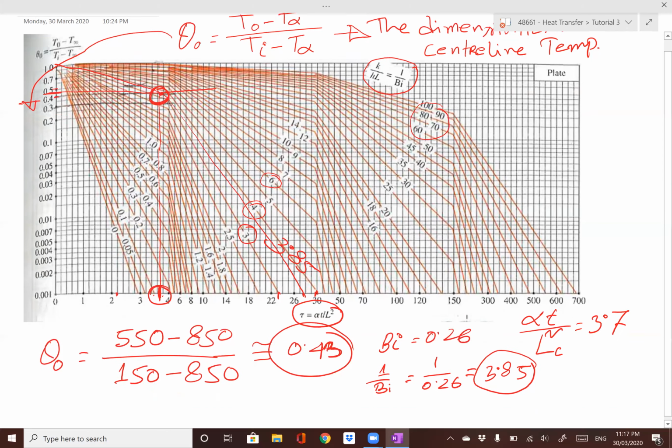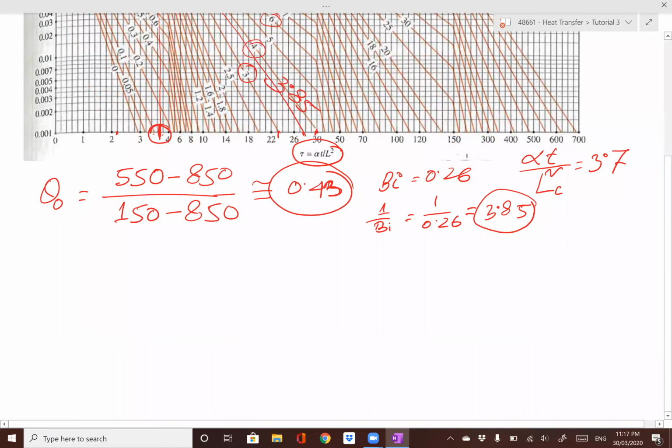Okay, now we have this from the Heisler chart using our dimensionless center line temperature and also the Biot number. So we can say alpha t over LC squared equals 3.7.